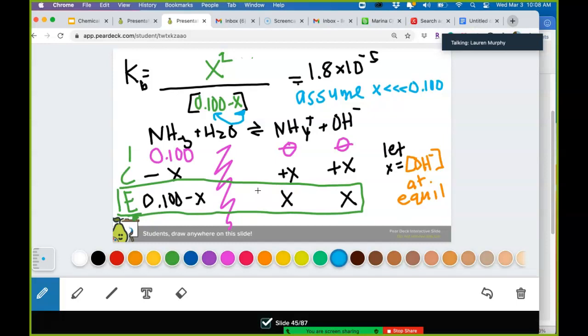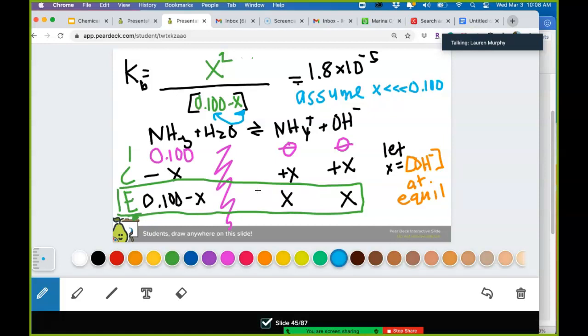So if X is much smaller than 0.1, when you subtract it from 0.1, it probably won't change 0.1 very, very much. So let me give you a fake number. 0.0001. If you take 0.1 and you subtract 0.0001, you're going to get 0.09999, which is basically 0.1.